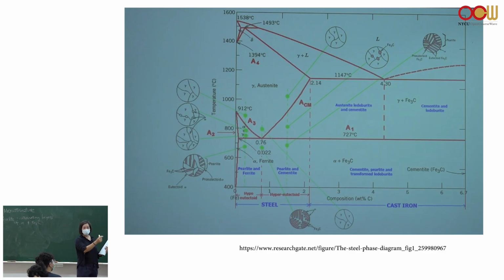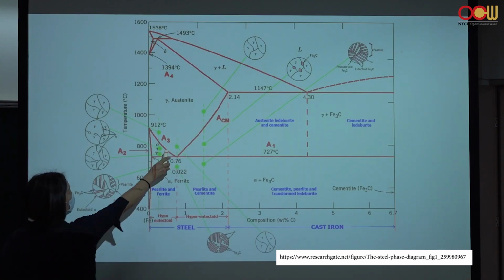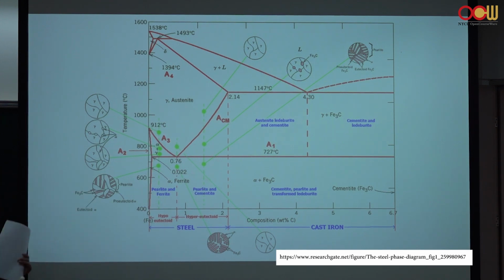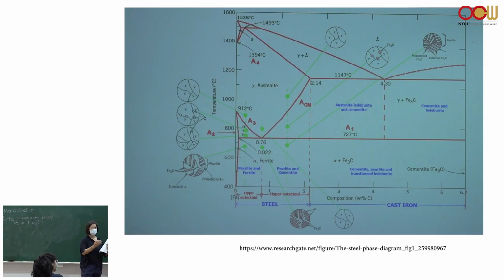If you get ferrite in between the perlite, then you know your carbon concentration is below 0.76 weight percent. And if you go along the eutectoid, then you get just perlite. Austenite splits into ferrite and cementite at the same time, so the entire structure is perlite with no ferrite or cementite in between the grains.